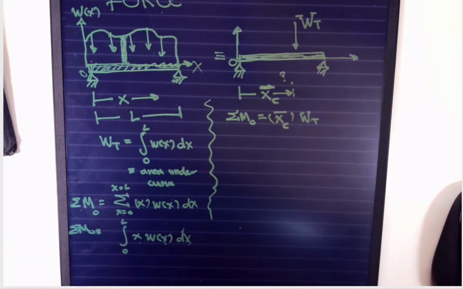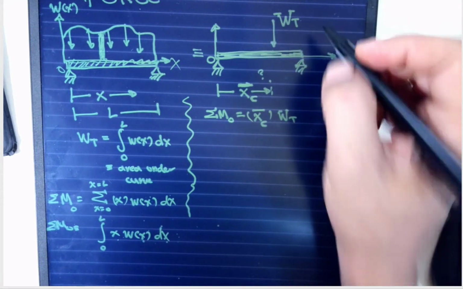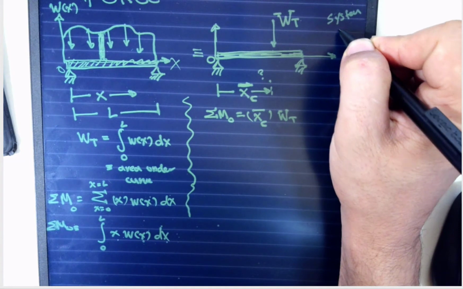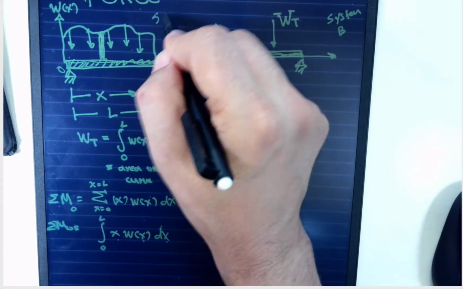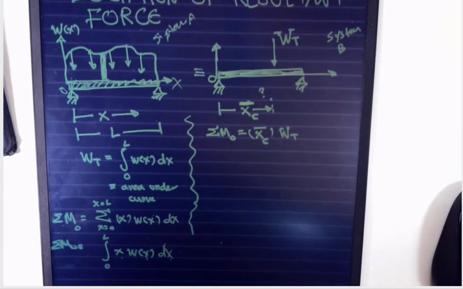On the other hand, we know for the equivalent system, let's say system B, which is equivalent to system A, we want both systems to be equivalent.